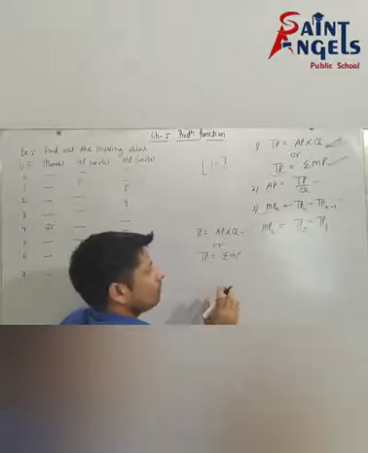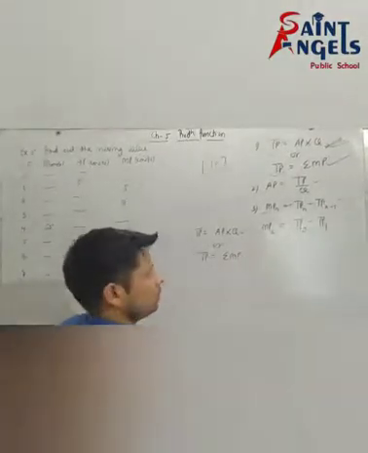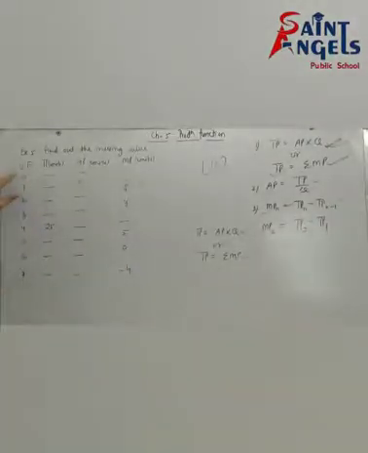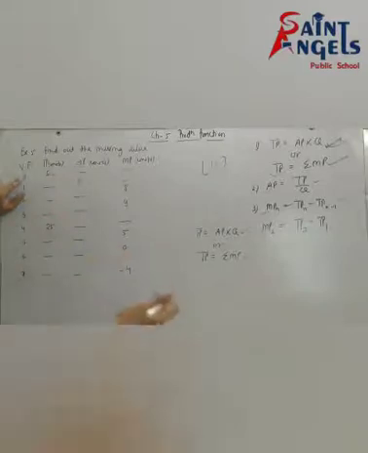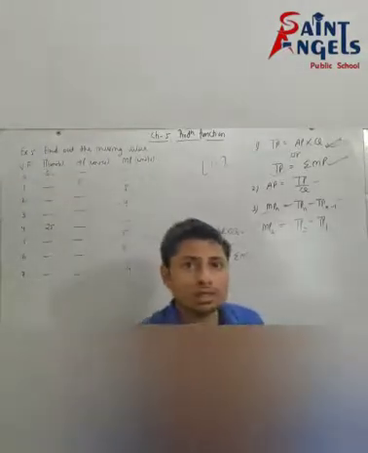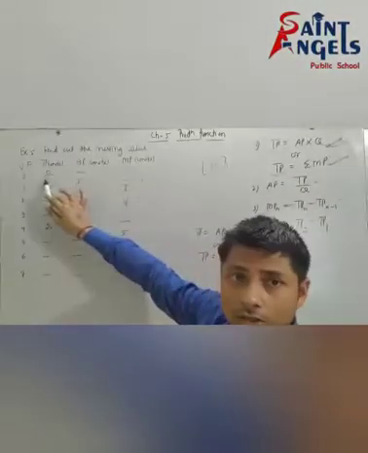And suppose value of MP is given, then we will use this formula. Now variable factor is 0 here, so TP will be 0. Means total production will be 0, because variable factor is 0.